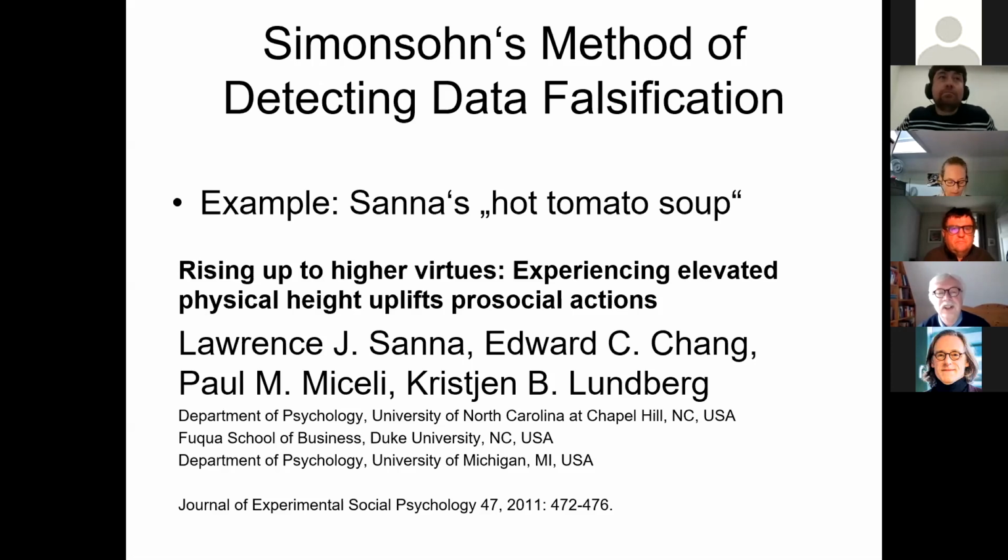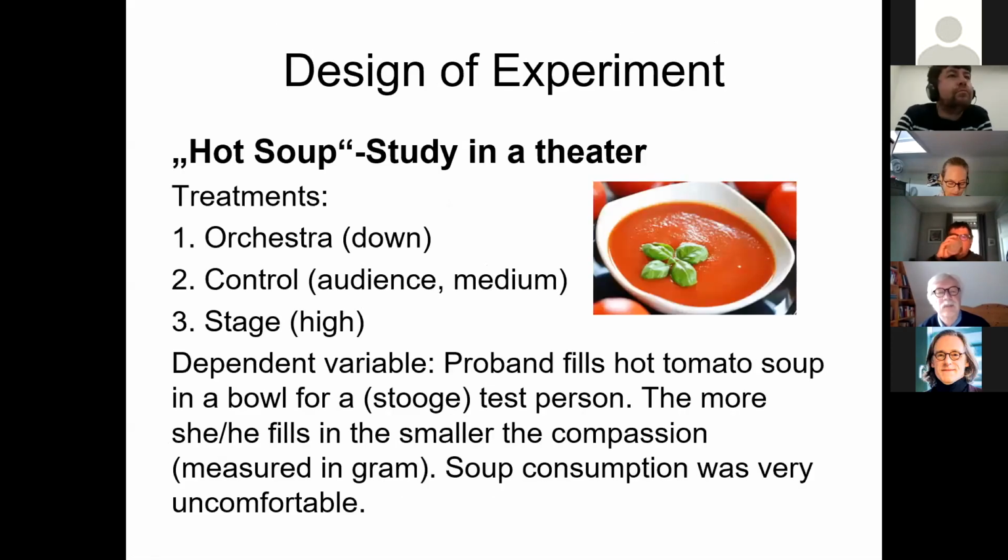And how did he test it? He made an ingenious test. He placed subjects in a theater. The first treatment group was in the orchestra, downstairs. Then there was a control group at medium height in the audience, and a third group on stage in the high group. The dependent variable was pro-social behavior.